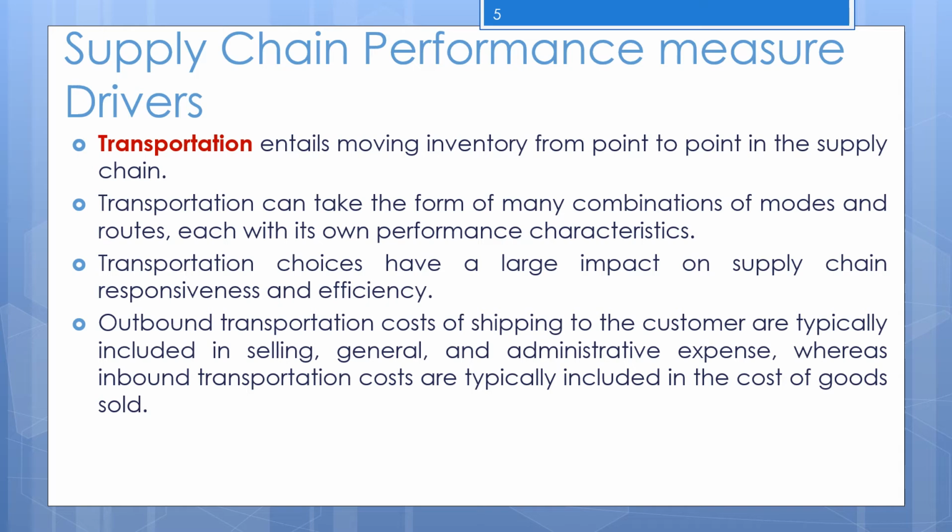Then if you look at transportation related metrics, the way we have discussed inventory and facility related metrics, there are a few. Average inbound transportation cost measures the cost of bringing the product into a facility as a percentage of sales or cost of goods sold.